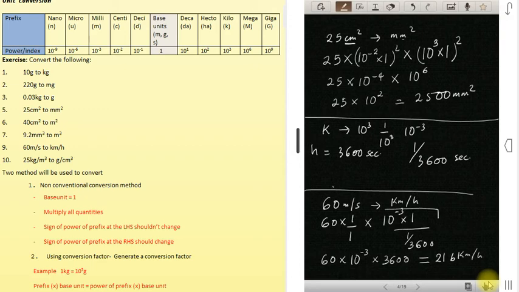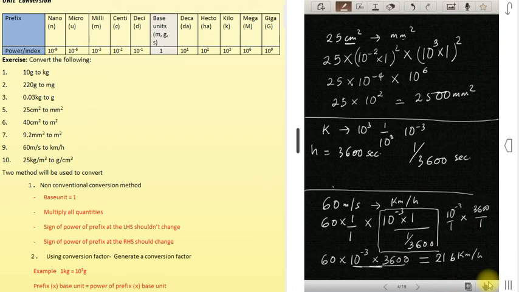Now you take note of this. This is actually 10 to the power of minus 3, okay, over 1 divided by 1 over 3600. So when I change the divide to times, of course it will be 3600 over 1, right? That's why I have this.